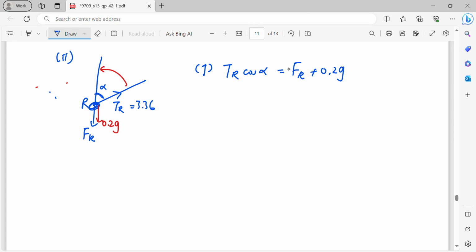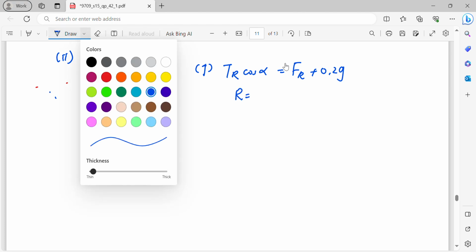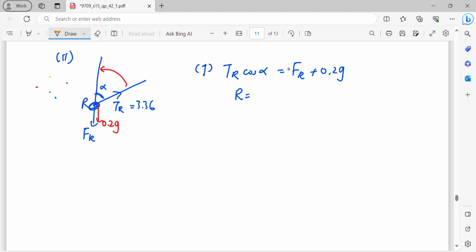Alright, so now what is my R first? Okay, where is my R? Now let me check. My R is horizontal. Okay, this is my R. So for my R, you have to resolve TR horizontally.